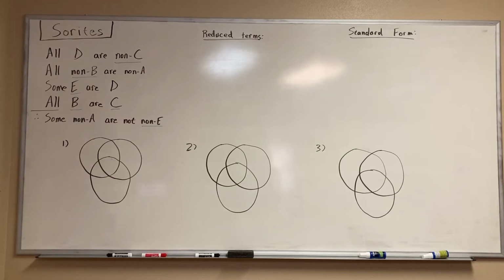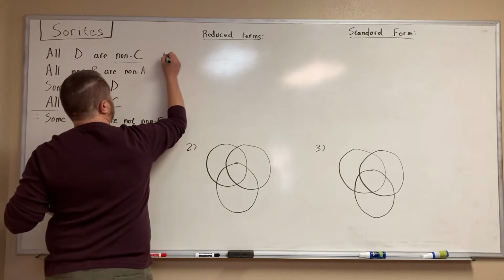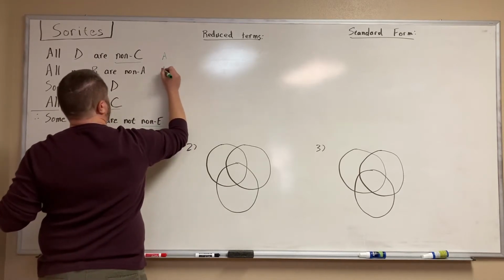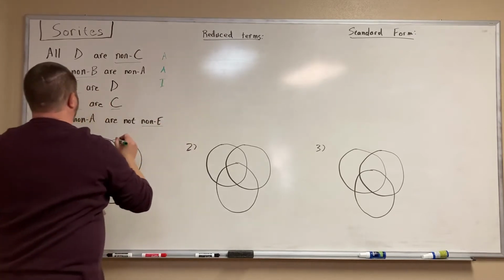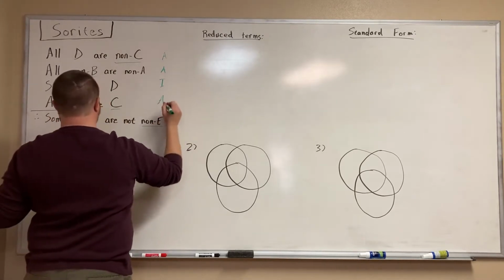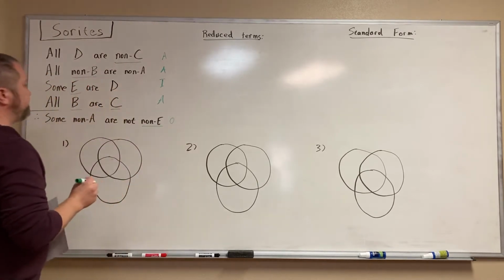So, all D or non-C, we can just look top to bottom at things that we want to change. Actually, let's do this first. I like to identify the statements that we have. So I have an A statement, an I statement, an A statement, and then some are not. That's an O statement.